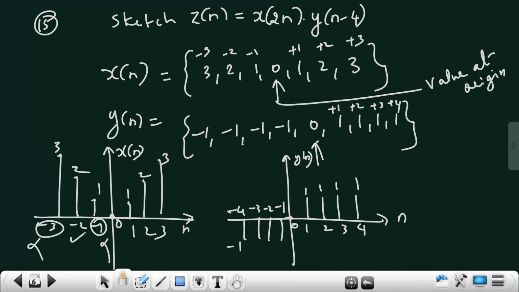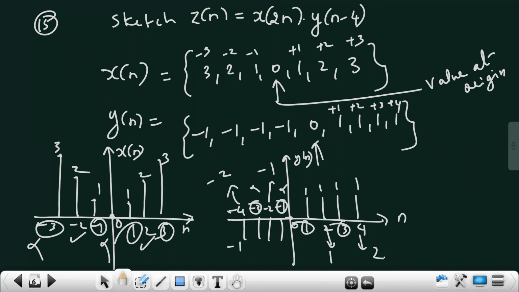Similarly, this will not exist, but this will be there at +1. Similarly, -3 will not be there, -1 will not be there, 1 will not be there, 3 will not be there. But this will appear at -2, this will appear at -1, this will appear at 1, and this will appear at 2.